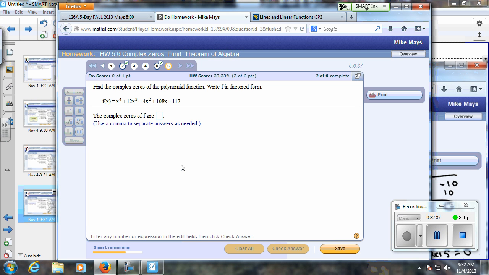So I expect from that a real zero is x equals 1. And it's going to have a factorization of x minus 1. So let me try that. 1 into 1x to the 4th, 12x cubed, minus 4x squared, plus 108x minus 117.